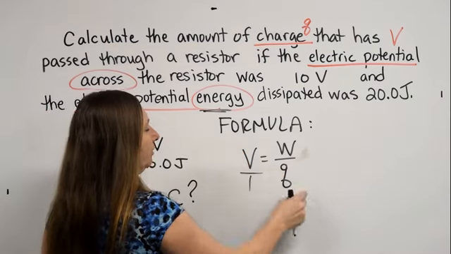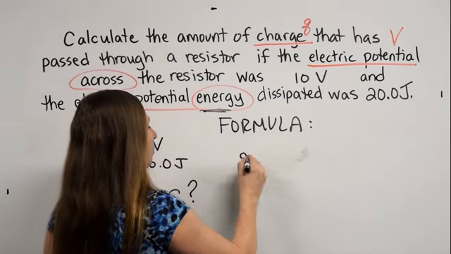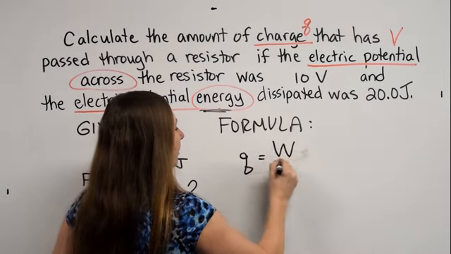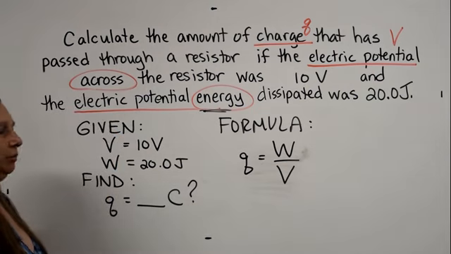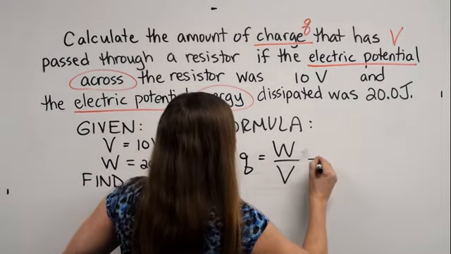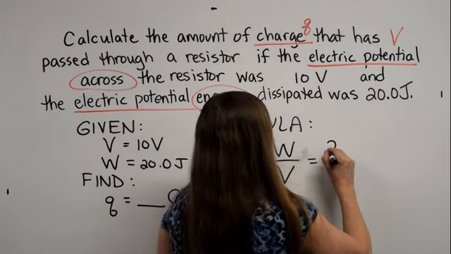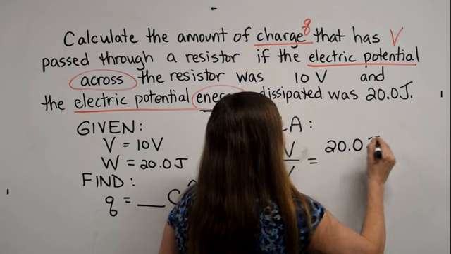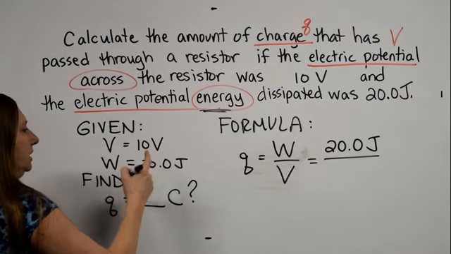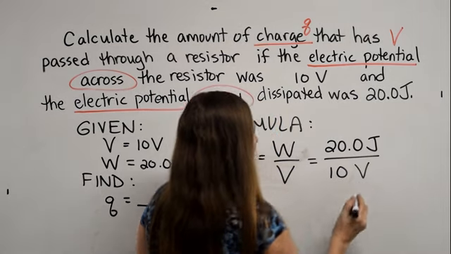Put the Q up here, the V down there, and we still have a correct equation. I'm going to go this way because I'm running out of room. 20 joules divided by 10 volts.